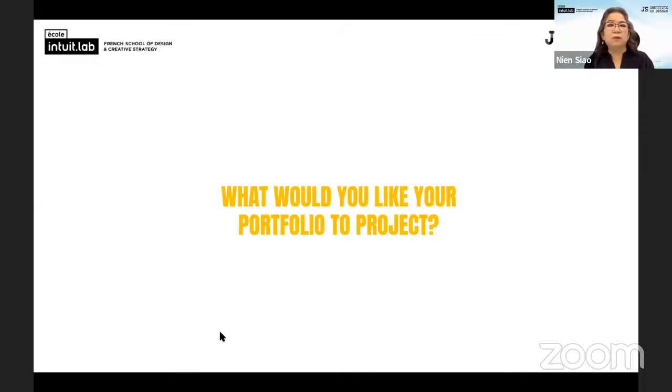Both would be very good for a student who's trying to get into a product design course. But if you are a communication design aspirant, then you really need to showcase things to do with visual communication, graphic, anything to do with illustration or graphic ideas. So it applies to both these areas. I hope that works for you. Otherwise, at the end of the seminar, we can take up very specific questions also.